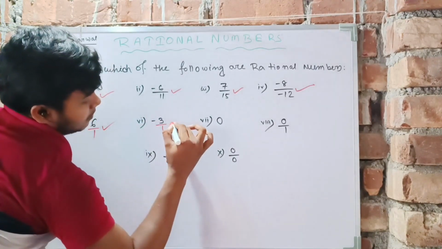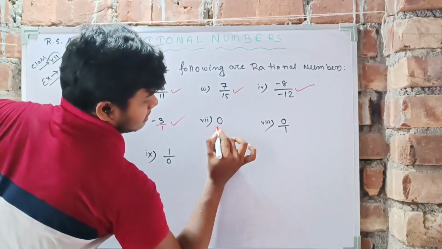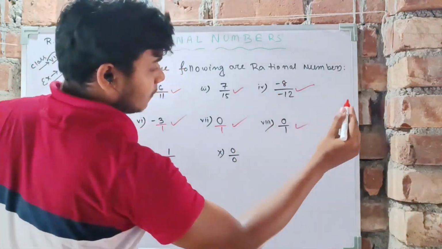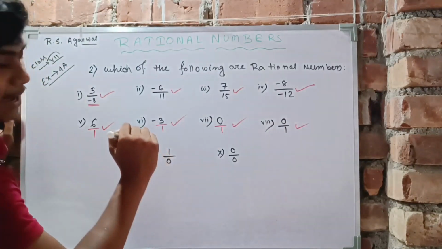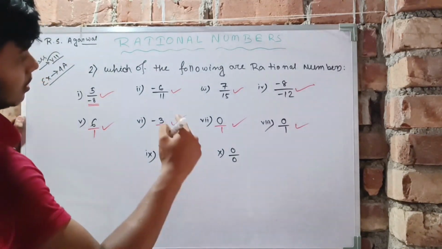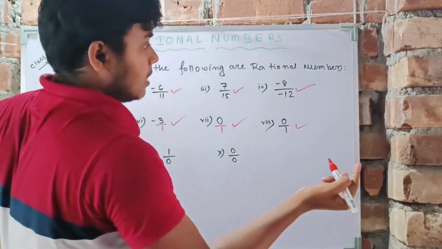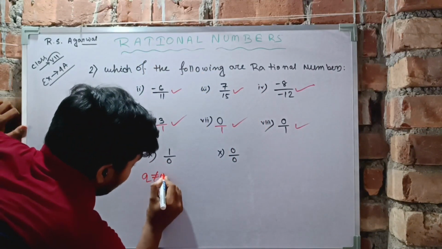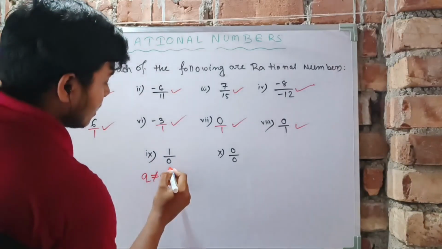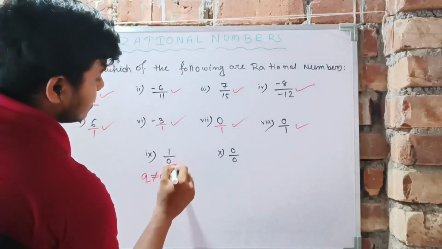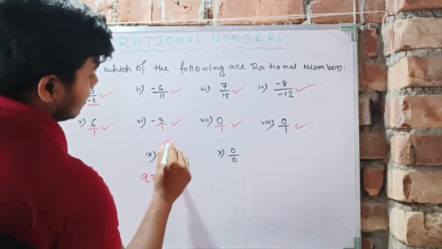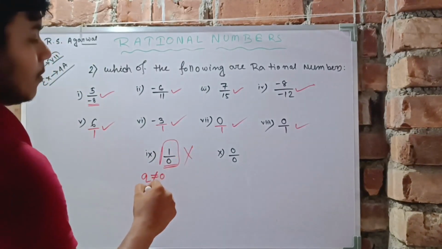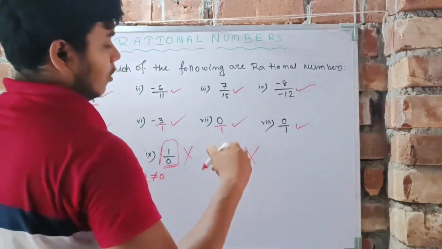Similarly -3 by 1 is a rational number. 0 by 1 is obviously a rational number. Now 1 by 0. In the definition of rational numbers we said q must not be equal to 0, but here q is 0, so this is not a rational number. Similarly 0 by 0 is not.